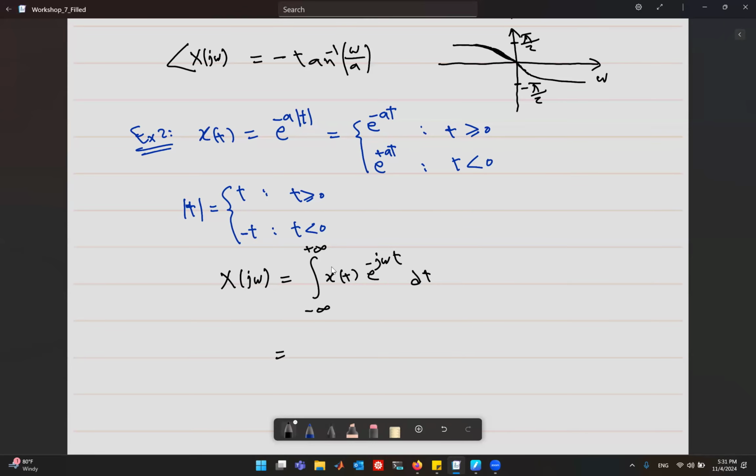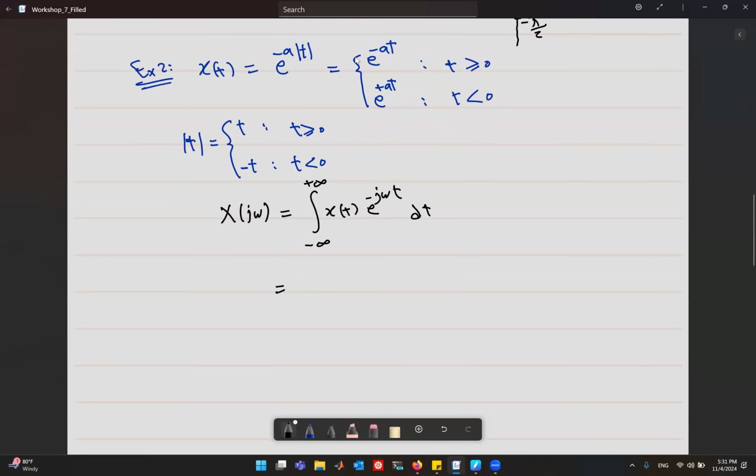So we'll split this integral into two integrals, one for each piece of the signal. From 0 to infinity, we have the first part of the signal, which is exponential minus at, times exponential minus j omega t dt, plus from minus infinity to 0, the second part of the signal is exponential at, times exponential minus j omega t dt.